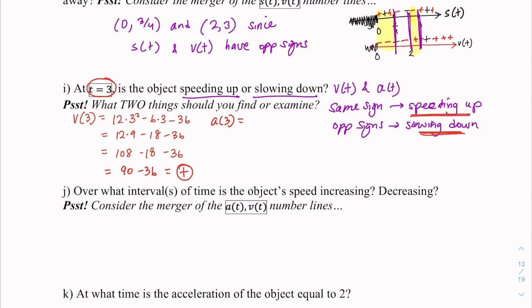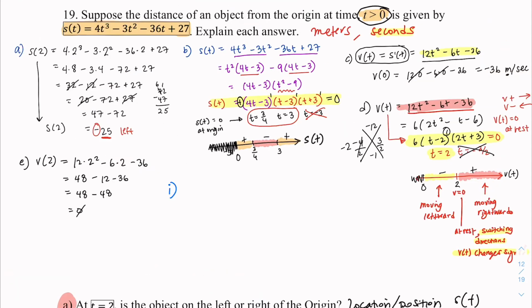So to find A of 3, first we need to find what A of t is. So this is letter I. I want to find A of 3, so first I'll have to find A of t. Well, A of t is just the derivative of velocity, so I'll write that down. The derivative of my velocity function is 24t minus 6.